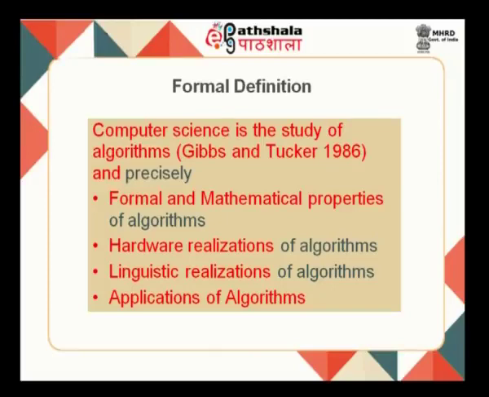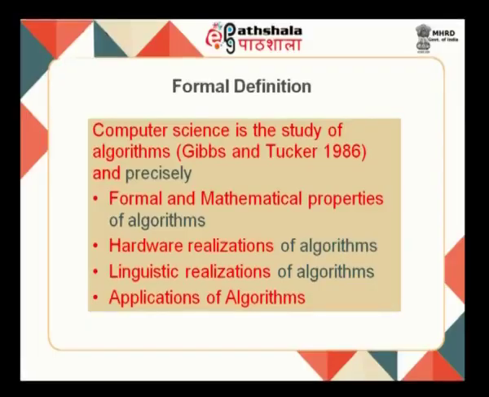The definition provided by them is the most apt description of computer science. They say computer science is a study of algorithms. In short, we can say that the algorithm is the core of computer science study.